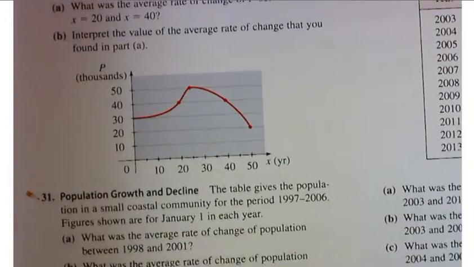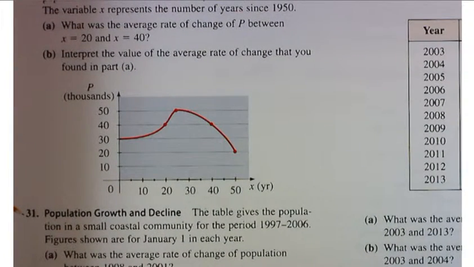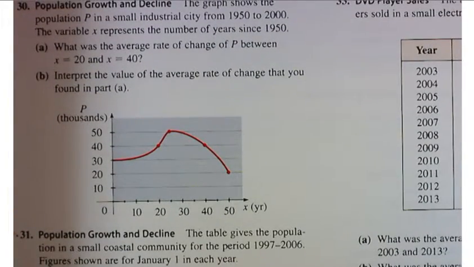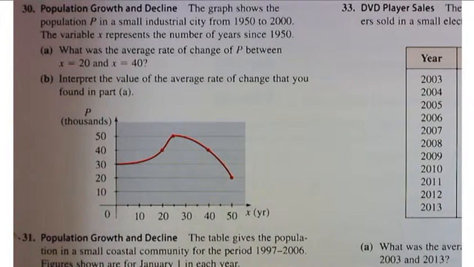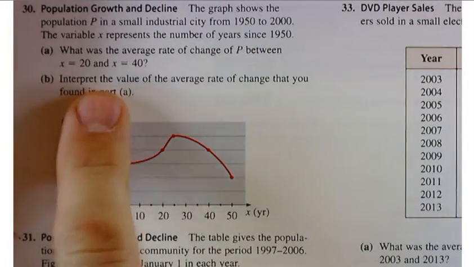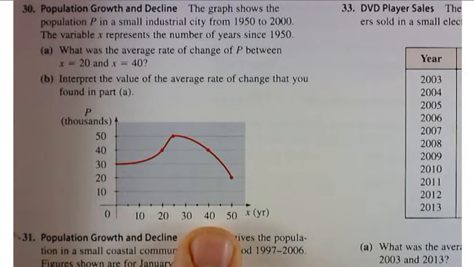It says, what was the average rate of change of P between x equals 20 and x equals 40? Basically between 1970 and 1990. What's the average rate of change? Zero. It's constant, right? Going from here to here, there's no change.